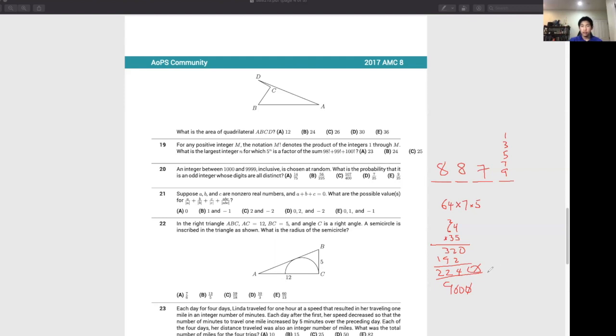So we'll cancel out a 2 from both sides. We can cancel 2 again. And can we cancel anything else? No, there's nothing else. So our answer is B.